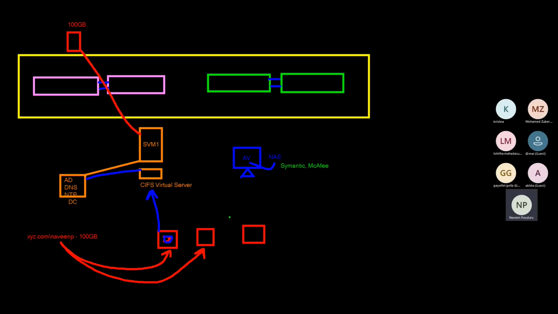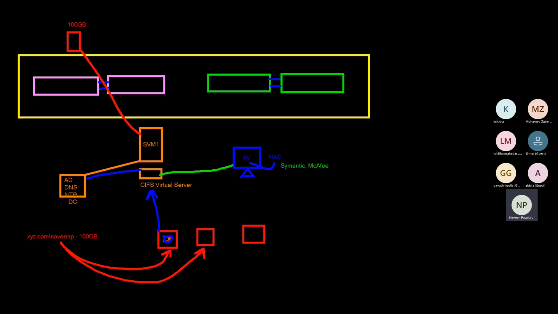So what will it do generally? Now my user has got access to the share and is trying to access the data, trying to copy some data. Whenever he copies data, it reaches the CIFS virtual server. The CIFS virtual server will not copy the data directly to the controllers or volumes. First, it asks the antivirus server to scan the data.